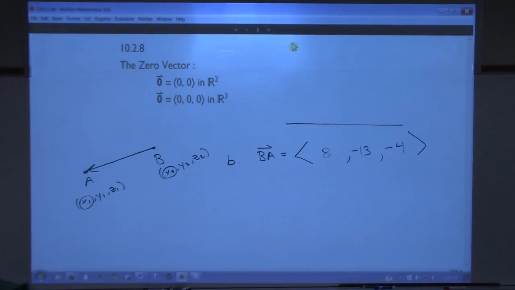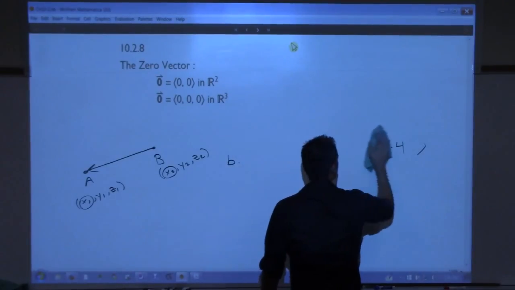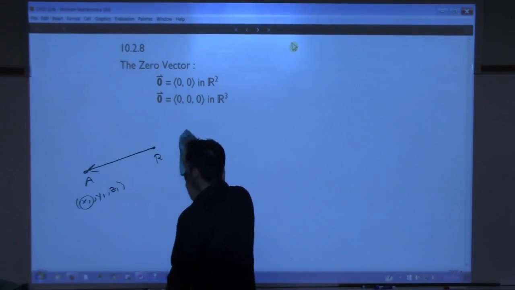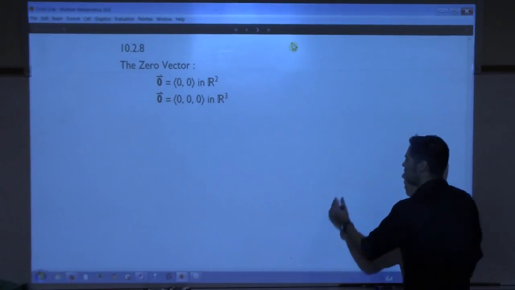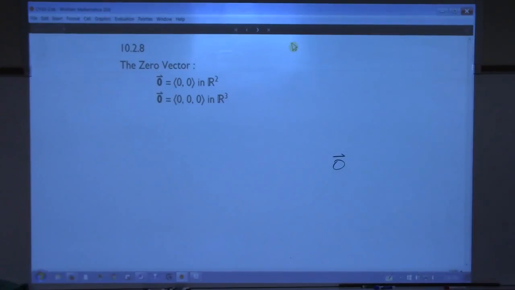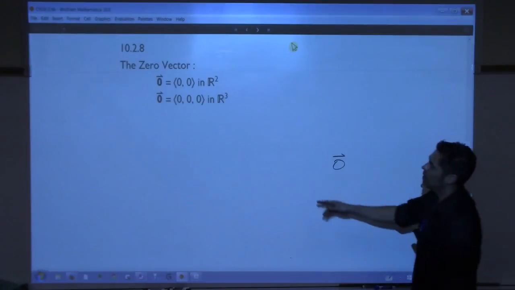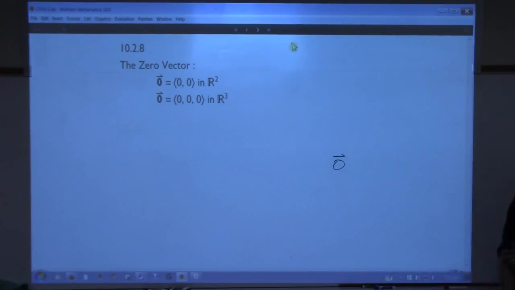The zero vector. There is a vector that has no length and no direction. It's the zero vector, and it does get the arrow on it. In R2, it's just the vector 0, 0. In R3, it's the vector 0, 0, 0.